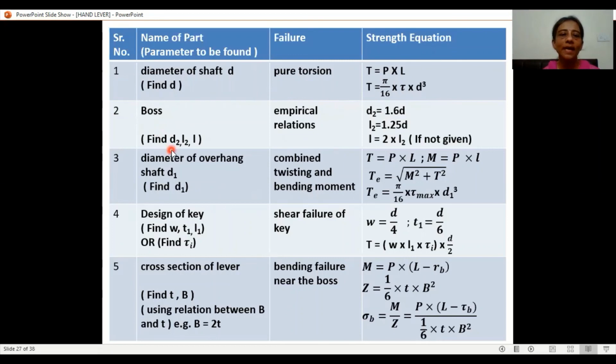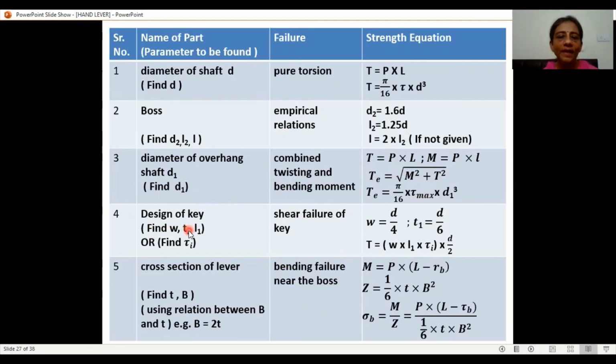Second is the Morse dimensions, empirical relations D2, L2 and L. We can find them using these equations. Third is the diameter of the overhang shaft D1 considering combined twisting and bending moment. We can find D1 by using this equation, Te equal to under root M square plus T square, which is based on MSST, that is maximum shear stress theory.